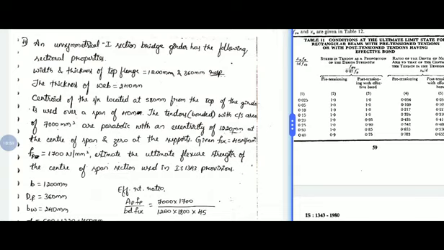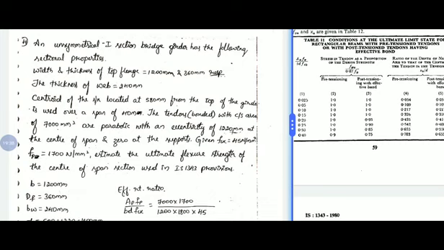The tendons are bonded, with cross section area of 7000 mm square, parabolic with an eccentricity of 1220 mm at the center of the span and 0 at the supports. Given FCK equals 45 Newton per mm square and FP 1700 Newton per mm square, estimate the ultimate flexural strength of the center span section using IS 1343 code provisions.